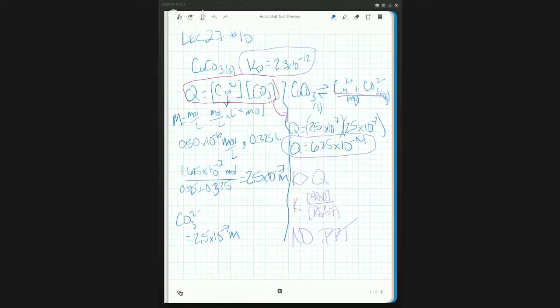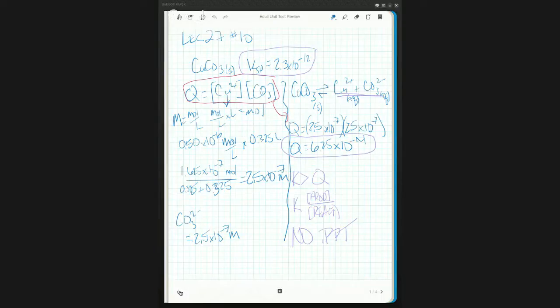Number 10 is a great example of this, because it turned out that Q was much less than K. That meant the products were lower than at K, so it had to go to the product side to get closer to K. Hopefully that makes a little bit more sense.